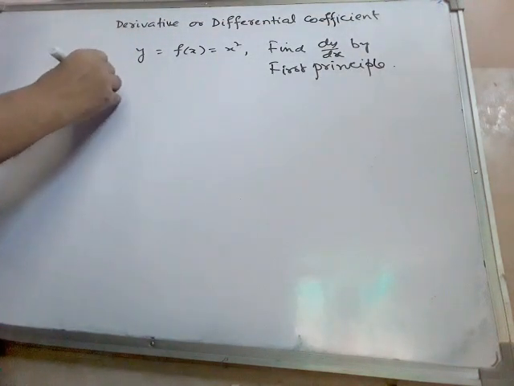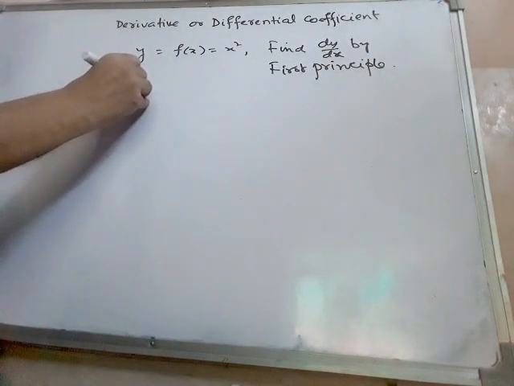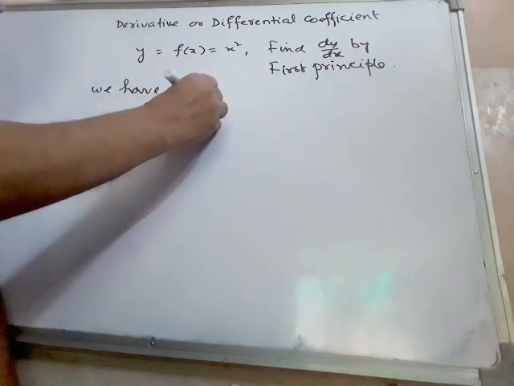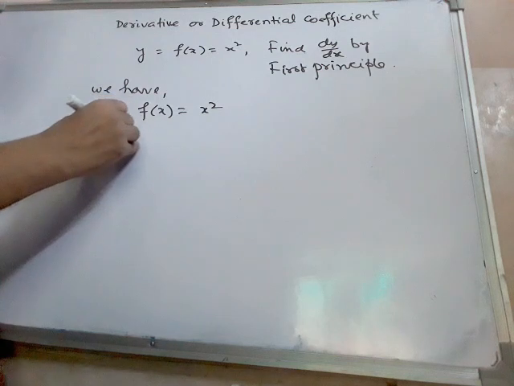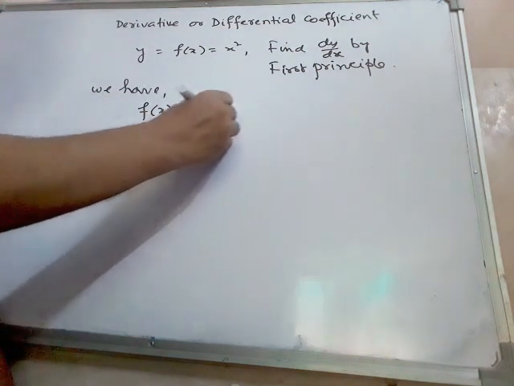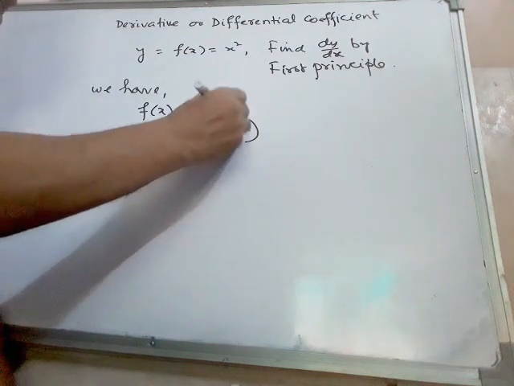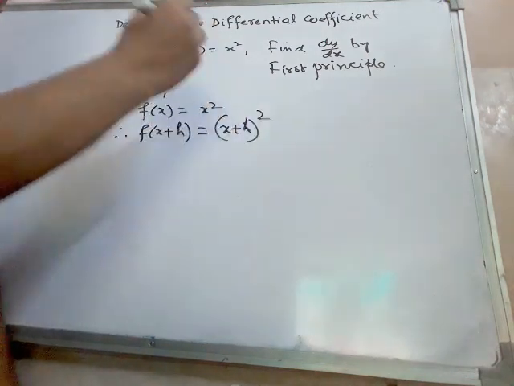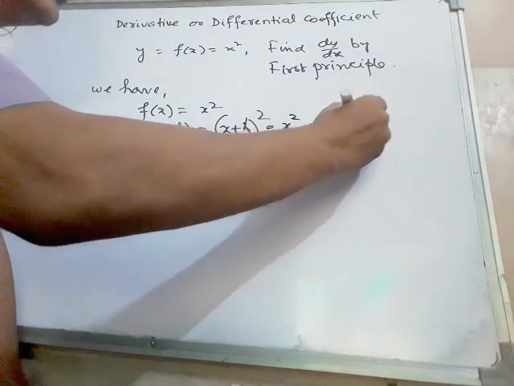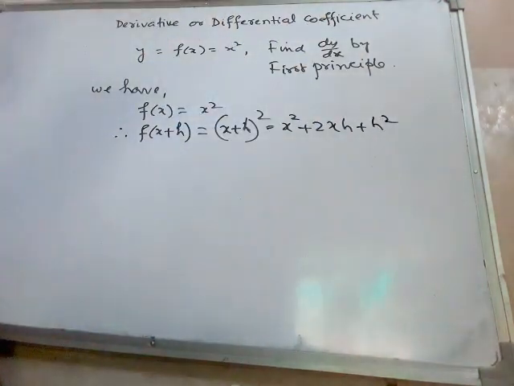For that we have f(x) equal to x square, therefore f(x plus h) equal to (x plus h) whole square, which is x square plus 2xh plus h square.